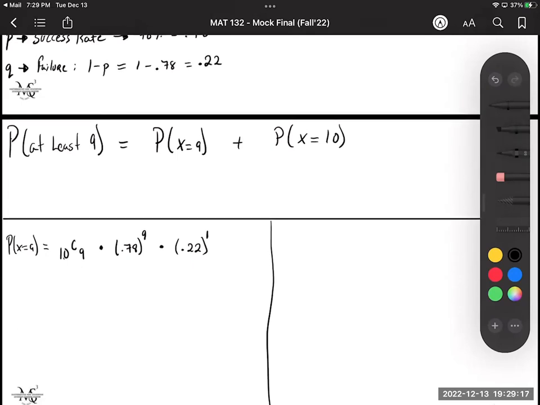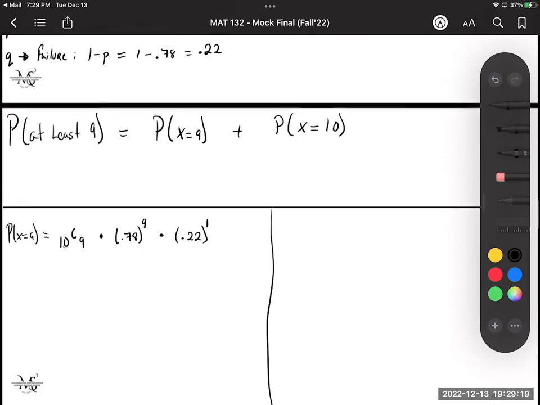Now let me show you how to compute the 10 choose 9 part. 10 choose 9 is equivalent to 10 factorial over 9 factorial times 10 minus 9 factorial. Some calculators allow you to compute it, but you can do this by hand as well. What's 10 minus 9? 1.